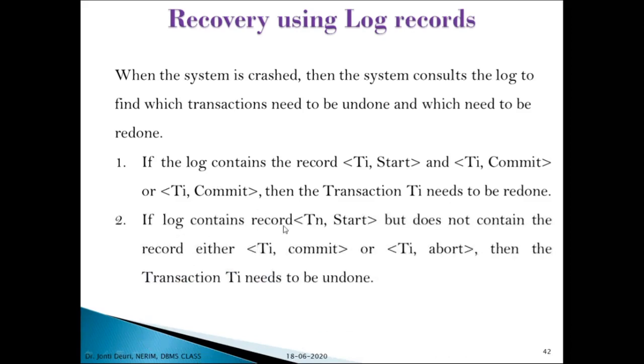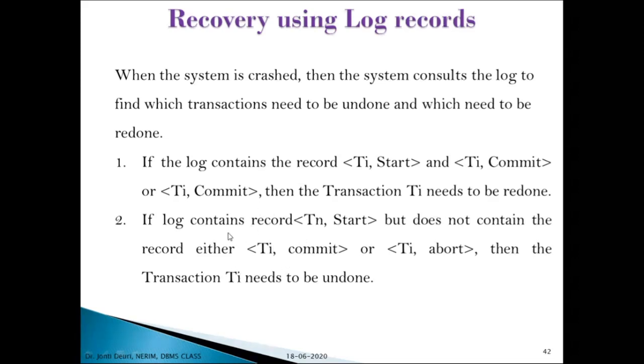And if the log contains the record start for TI, but does not contain either the TI commit or TI abort record, then what do we have to do? We have to undo the transaction TI.